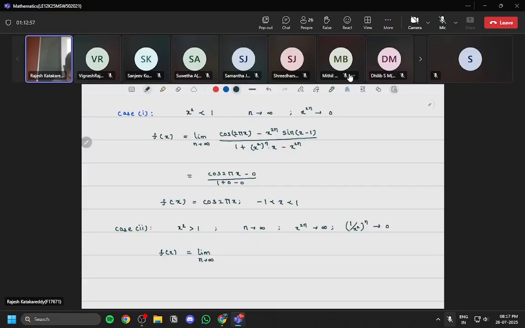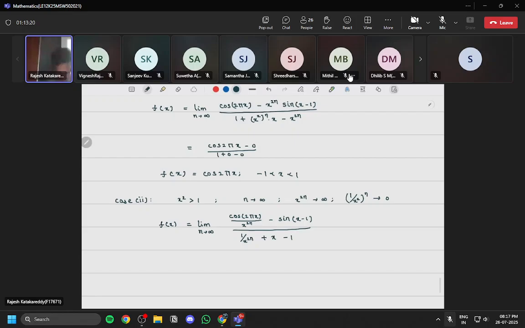I am taking x power 2n common. So cos 2 pi x divided by x power 2n, minus sin x minus 1, divided by 1 by x power 2n plus x minus 1.